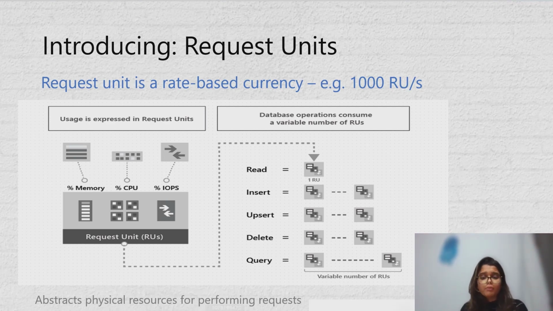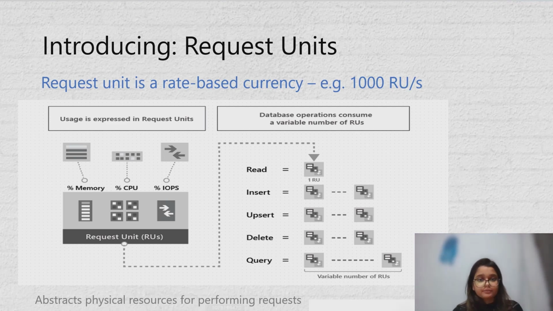For example, a point read in Cosmos DB always consumes 1 RU. Like that, all different operations consume a certain number of RUs, and you will be charged on the basis of these RUs consumed.